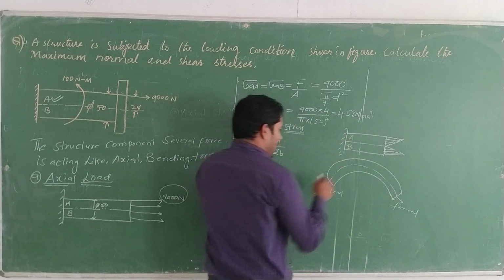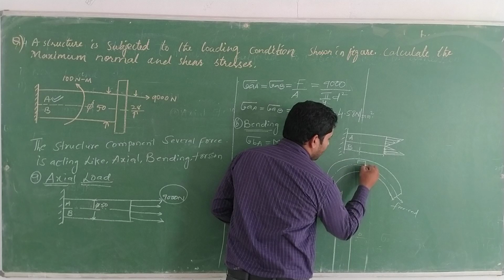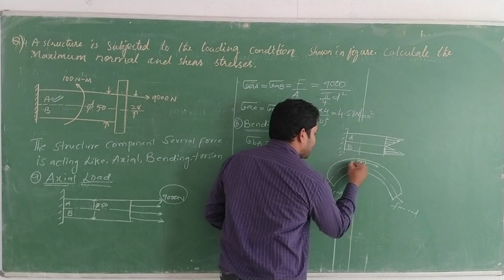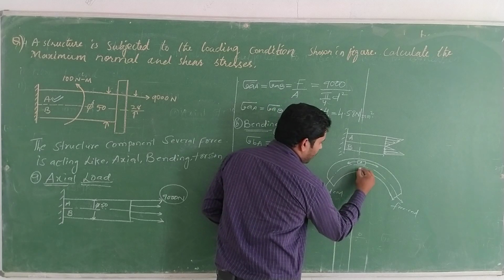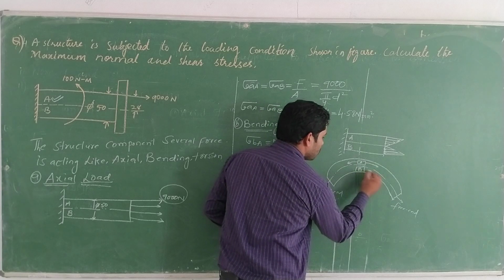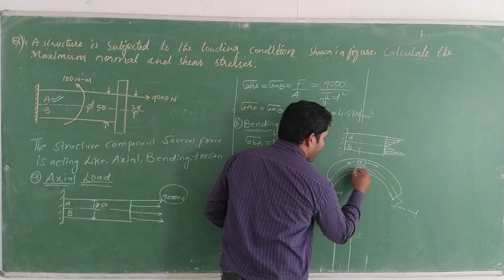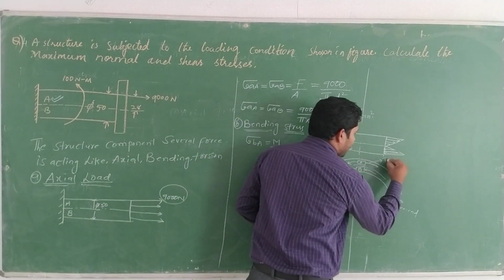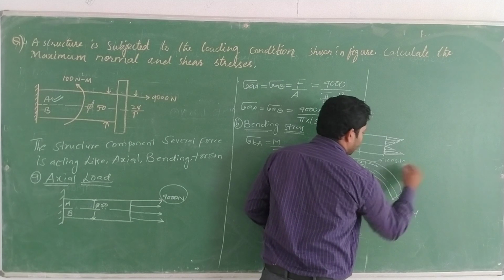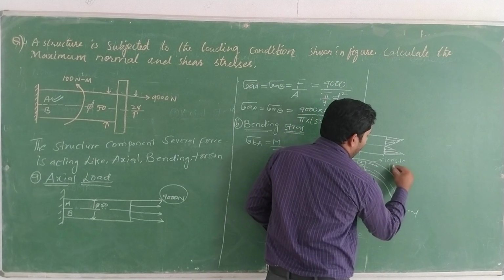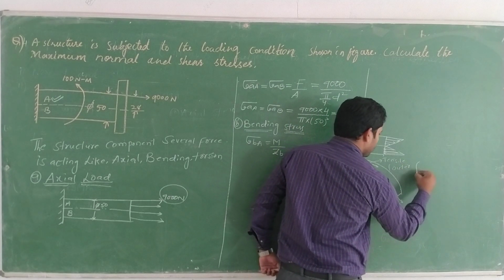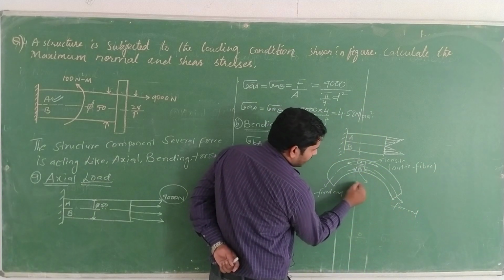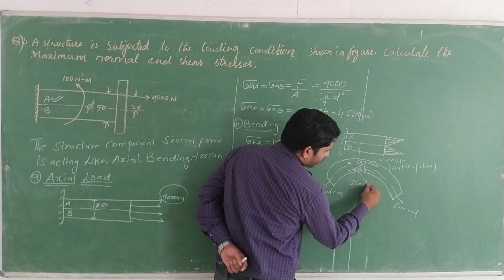Above, we can say the outer fiber, acting in tensile nature. B we can say is the inner fiber, acting in compressive nature. Above it is acting as tensile nature, so this is the outer fiber. Below, this is the inner fiber.